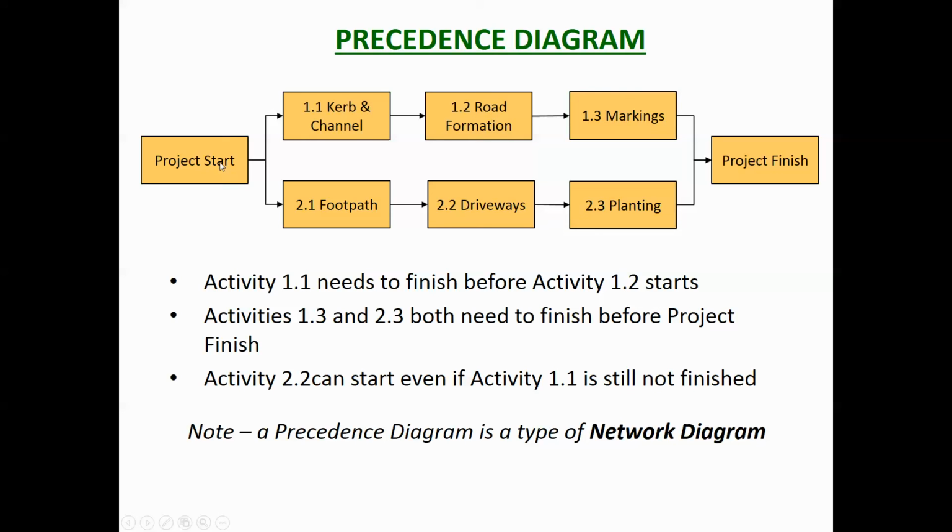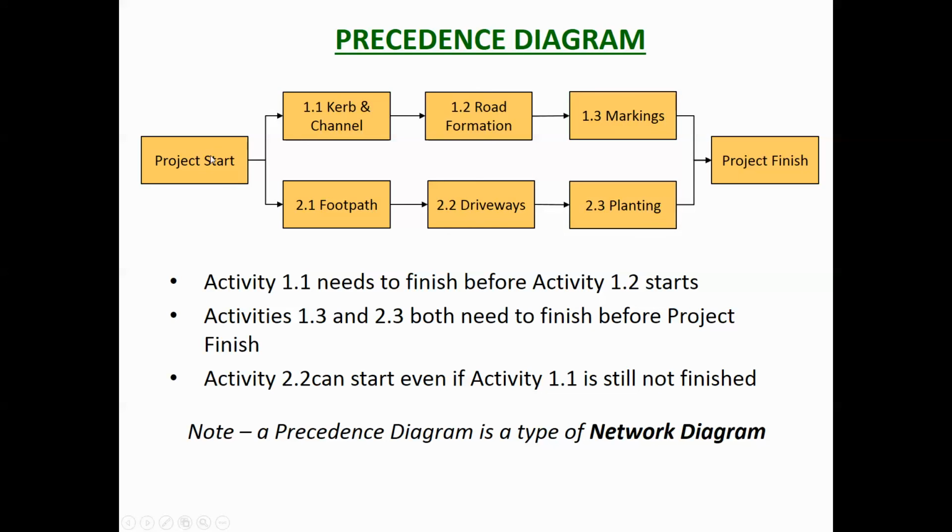Notice that the project start is a predecessor for both curb and channel and the footpath. So you can have more than one successor for one work package. Likewise, 1.3 markings and 2.3 planting are both predecessors for project finish. So you can have two predecessors, or three or four, how many you want, for one work package.